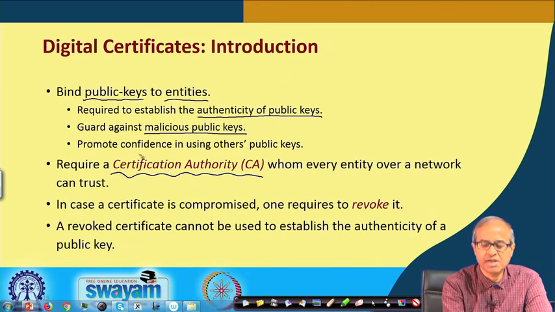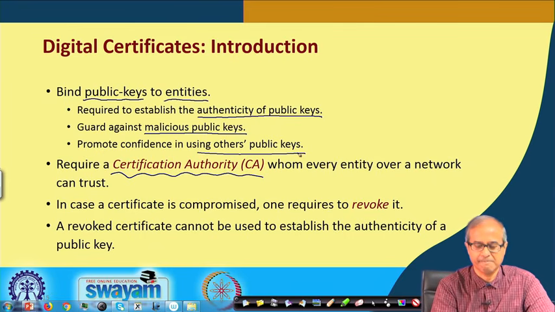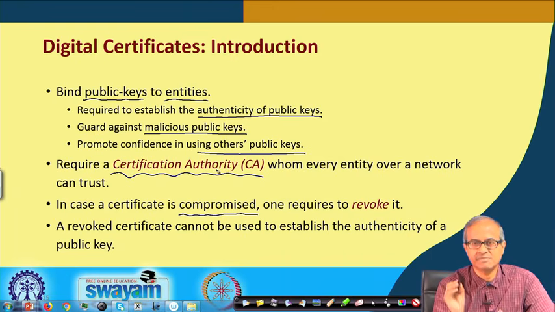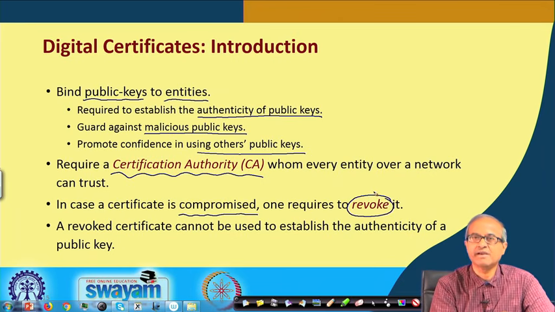So, in this way you can promote your confidence in using others' public key for message transmission, encryption, decryption, everything. Now, of course, there are instances where some certificate can be compromised, and if the certifying authority identifies that some certificate has been compromised, then there is a process of revoking the certificate.